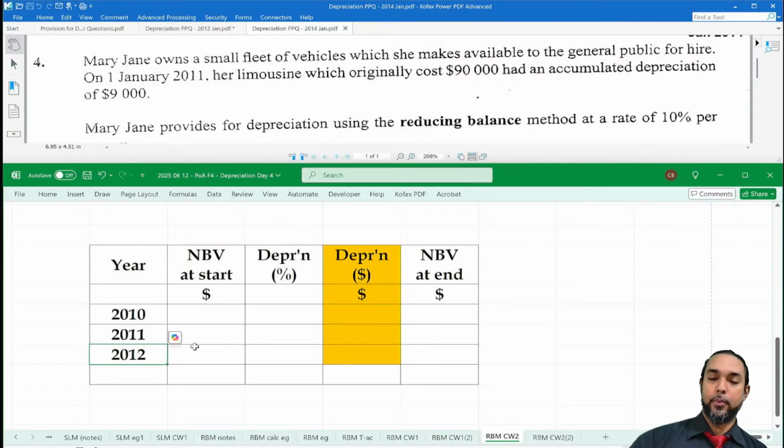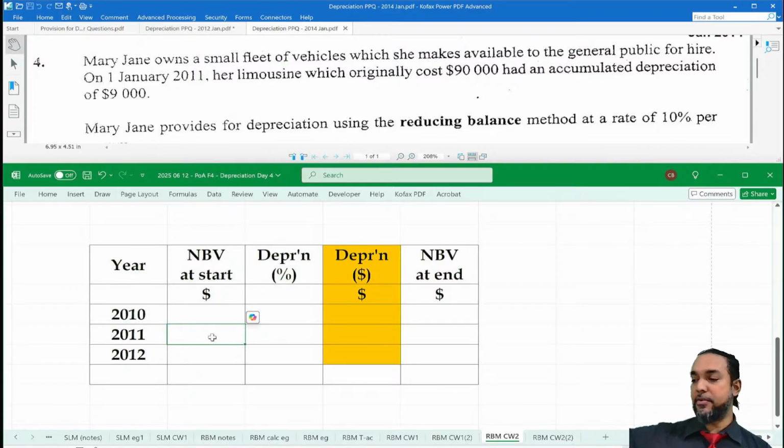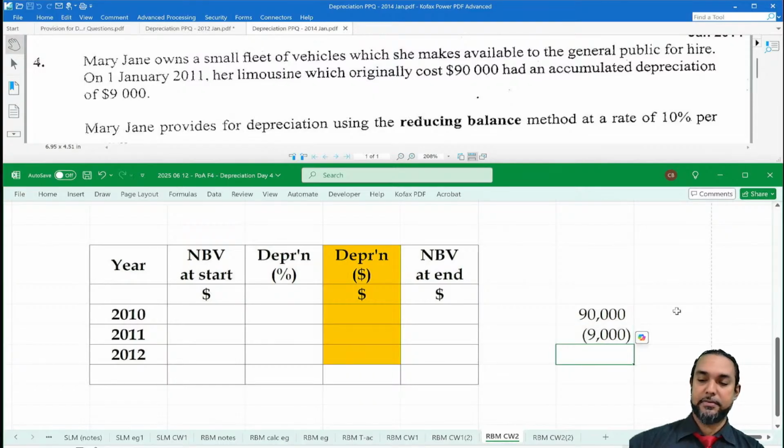So if you bought it at 90,000 and you've depreciated it 9,000, what's the value left? 90 minus 9, which is 81. So that would be the value here, 81,000.